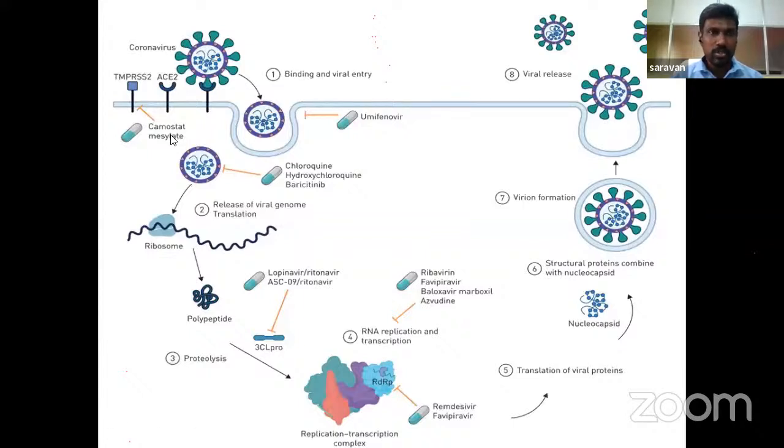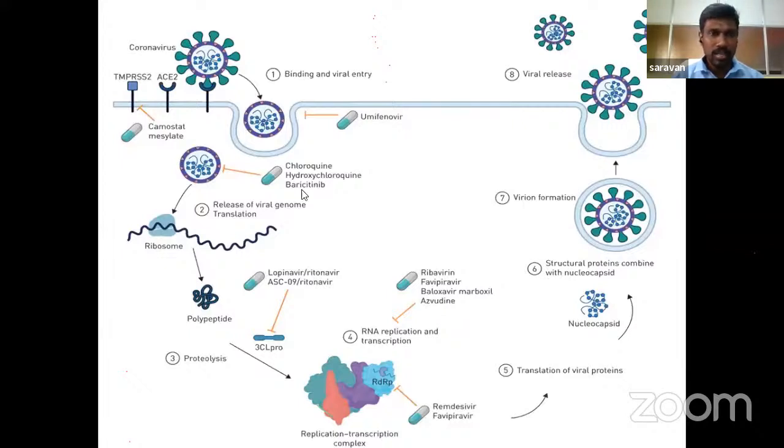We have camostat mesylate, a TMPRSS2 inhibitor, which binds to the protein and inhibits viral entry. The second drug is umifenovir, which inhibits the spike proteins of the coronavirus so that the viral entry can be inhibited.